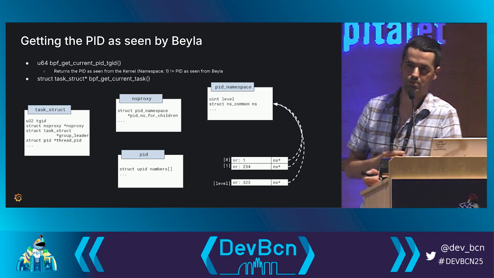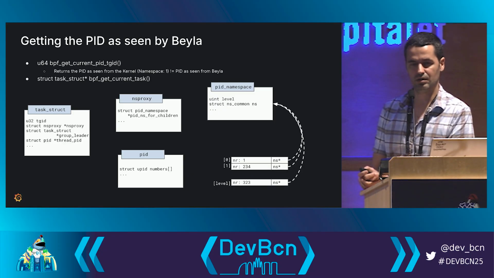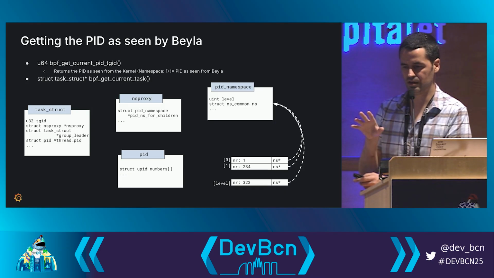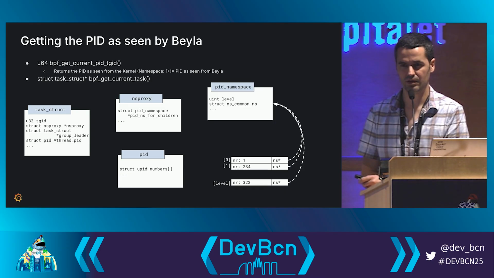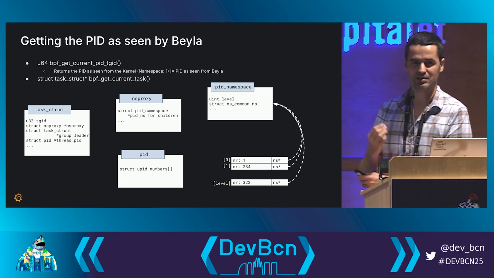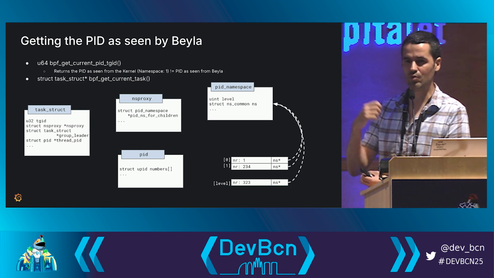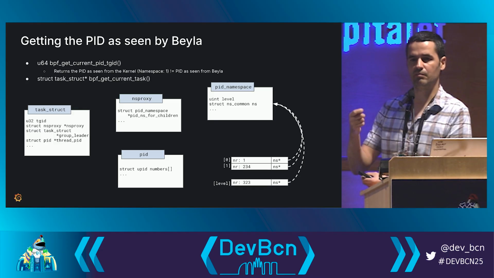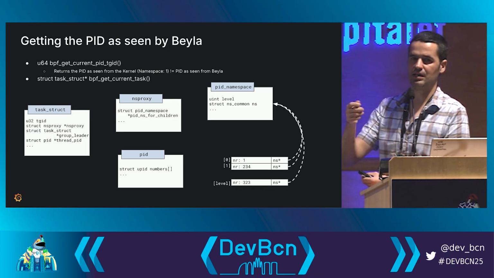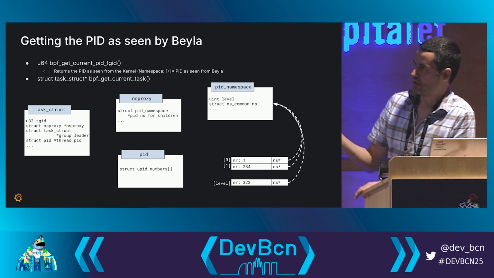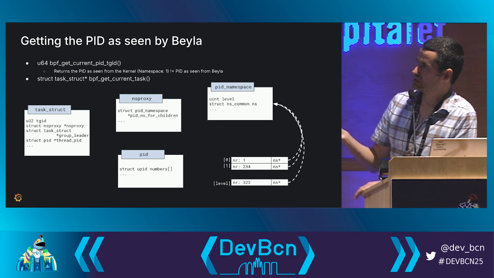So we need to go to the Linux kernel functions. This is the nerdiest slide in the presentation. Basically, eBPF has some extra helpers, like getting the current PID and group ID of the program that has been caught from a probe, and it returns this task struct.